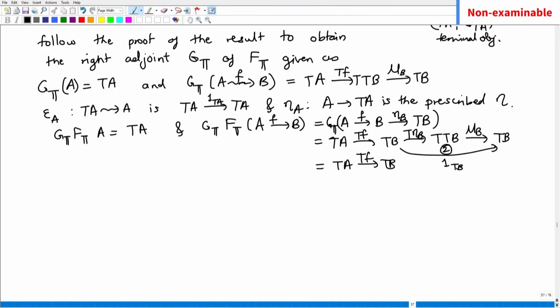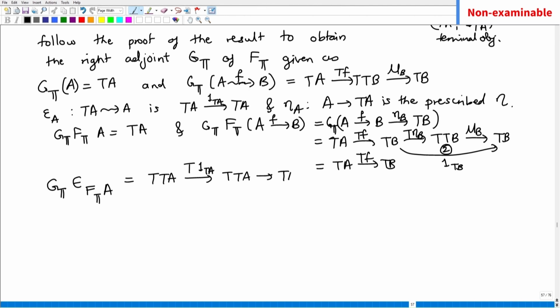Okay, one final thing to see is this. What is the monad induced by G_T F_T? What is the multiplication induced by this adjunction? So we have to verify that. So F_T sub A. What is this? Well, this is TTA, then T of 1 sub TA, sorry, 1 sub TA, to TTA.